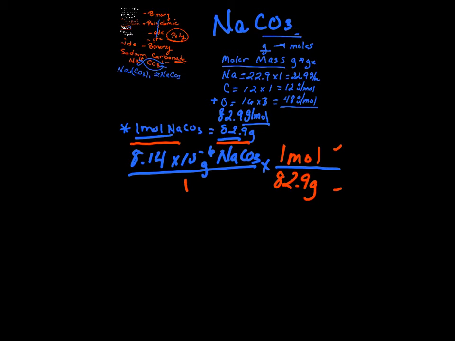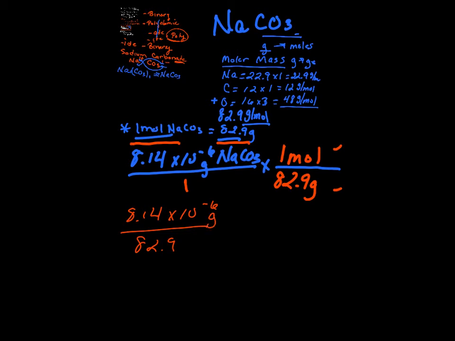At this point, we just have to multiply 8.14 times 1 times 82.9, and when you get those set up together, this is what it looks like. You have 8.14 times 10 to the negative 6, divided by 82.9.